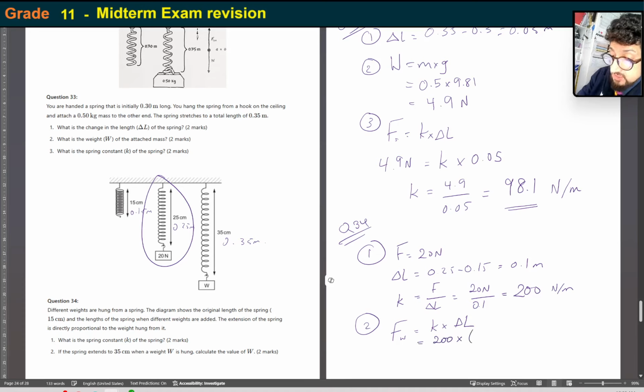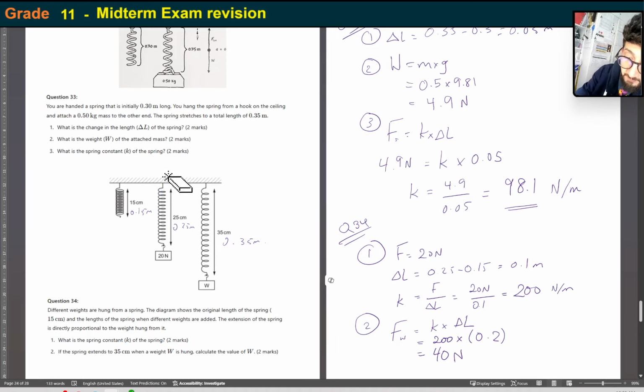Now the extension is not 0.35. The extension is 0.35 minus the resting length. So it's going to be 0.2 meters, which is 40 newtons. Okay, so that's the answer to that one, 40 newtons.